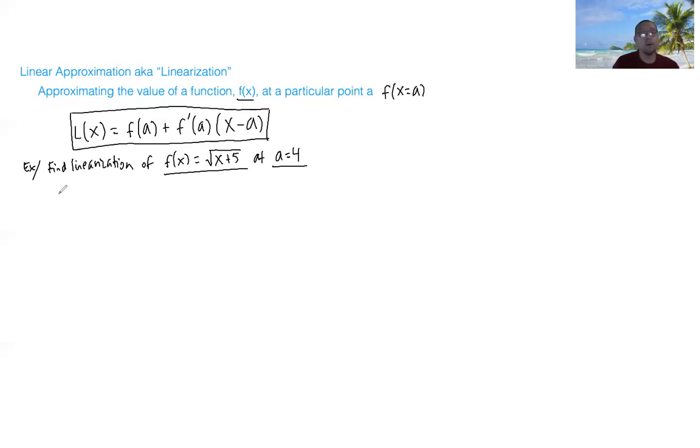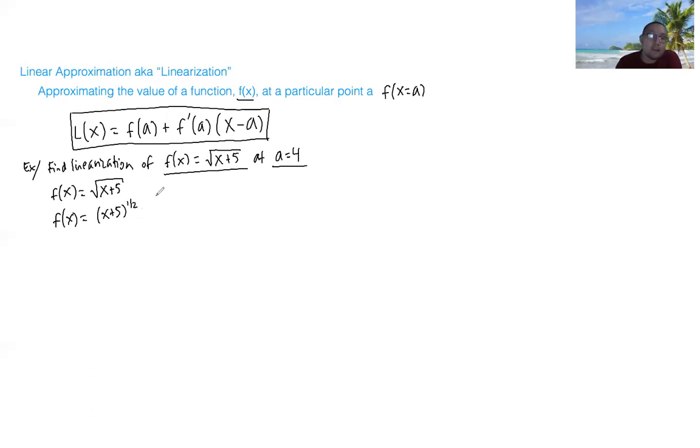We know that our function is this. I'm going to copy it from the question prompt. We can rewrite this as f of x is equal to x plus 5 raised to the 1/2, right? In our linear approximation formula, we evaluate the original function, in our case x plus 5 to the 1/2, at this value, 4.